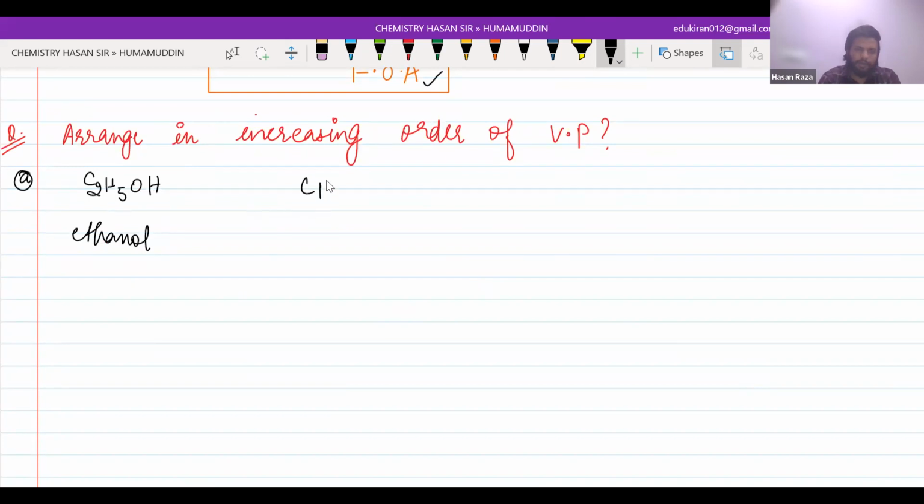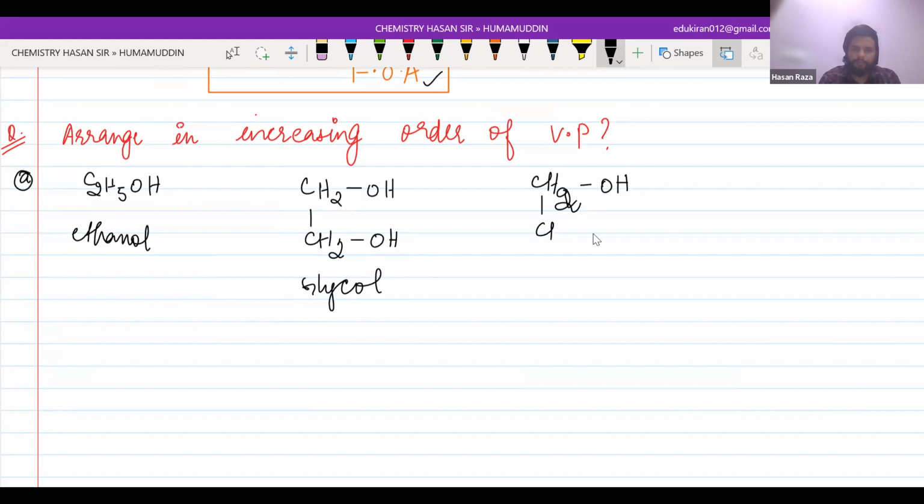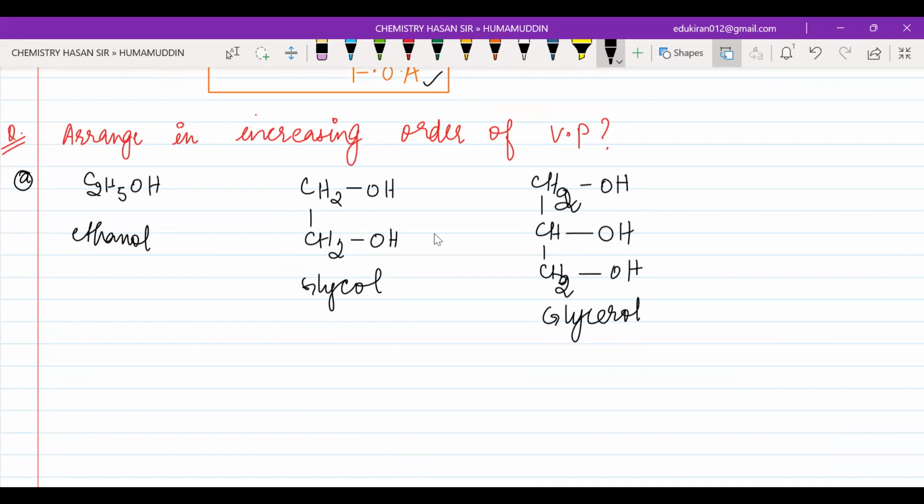The second one is glycol, or you can say the IUPAC name, ethane 1,2 diol. Its common name is glycol. And the third one is glycerol. So please arrange them.